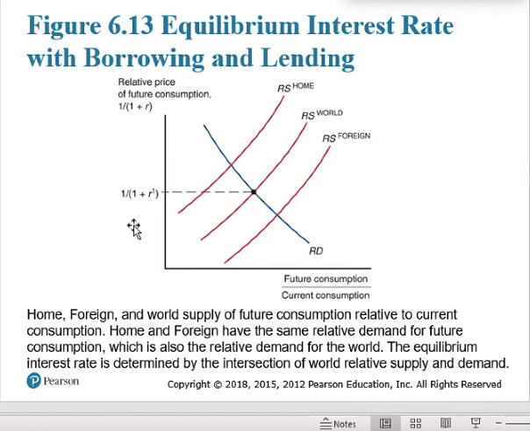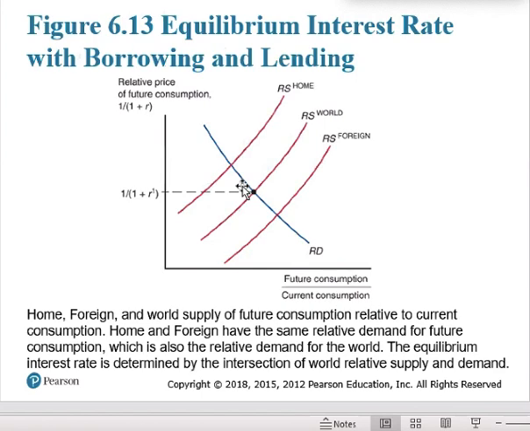We use the same type of setup, but analyze different things. Using the same logic, we can determine where the real interest rate will be in the world: somewhere between the home country's relative supply and demand, and also the foreign country's relative supply and demand. So somewhere in between.